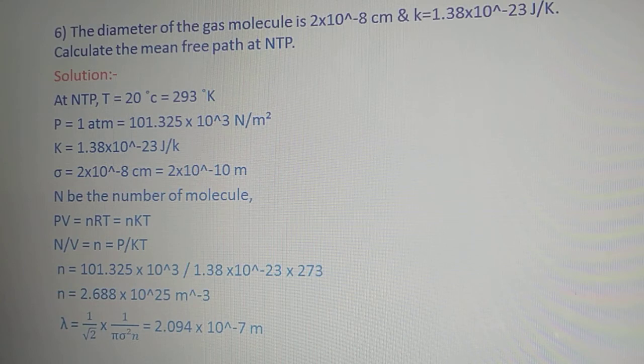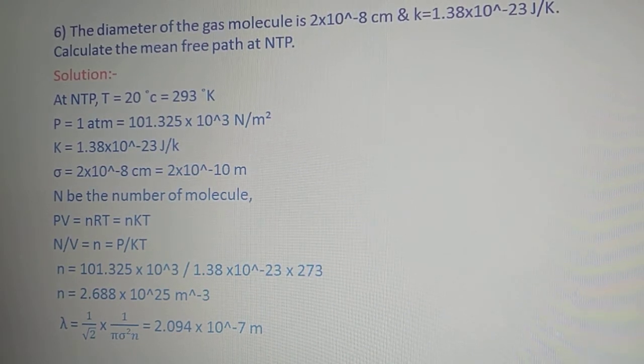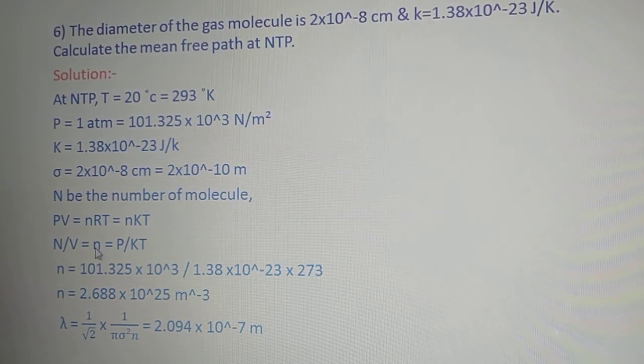N is the number of molecules, let us say, and we can use the formula PV equals nRT, which is equal to NkT. So this gives us N by V is a small n, right? The number of molecules per unit volume is a small n, right? So for this n, I can write N by V, isn't it?